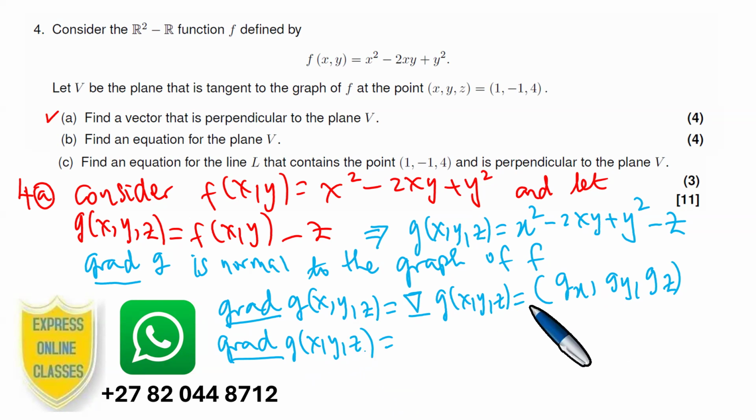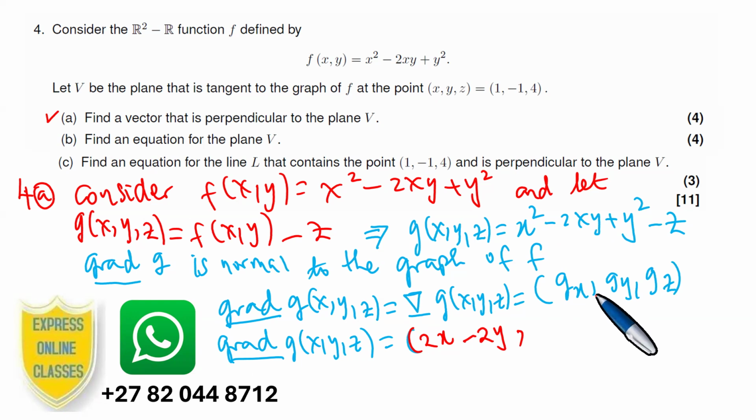So you differentiate g with respect to x. With respect to x, the derivative of x squared becomes 2x. The derivative of minus 2xy is minus 2y with respect to x, and the partial derivatives of y squared and minus z are both 0.